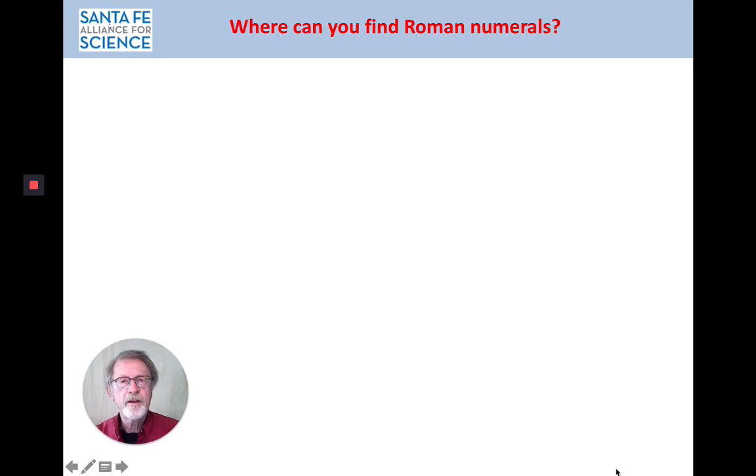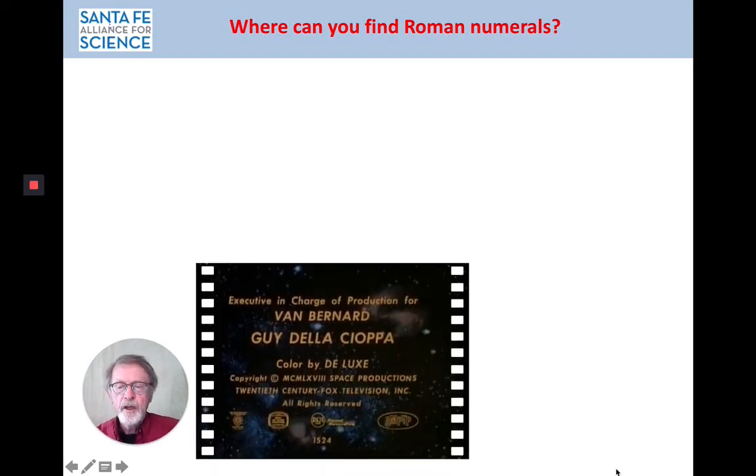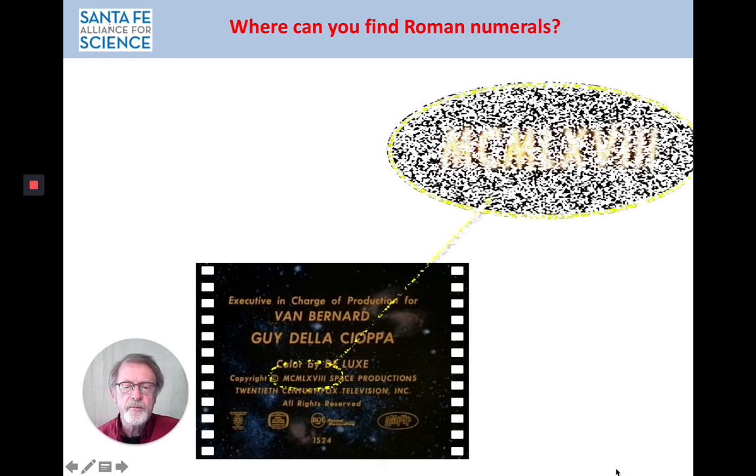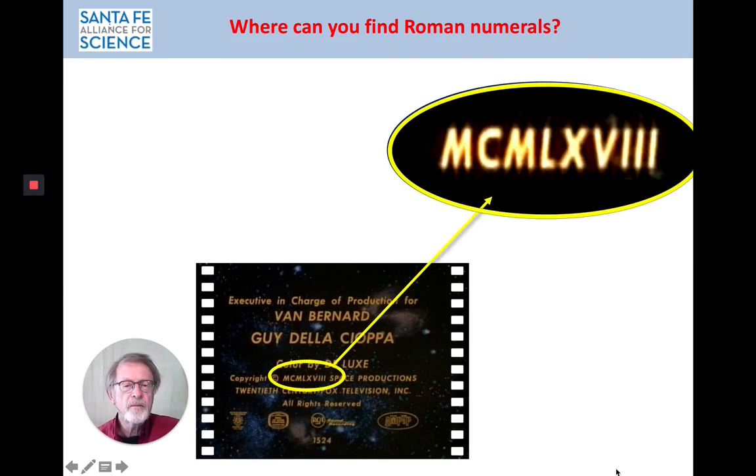So where can you find Roman numerals in our modern world? Well, here's one. At the end of every movie, where the credits roll and the names of all the people that have worked on a movie are listed, the year in which the movie is made is written in Roman numerals. Look at this one. MCMLXVIII. What year is that? Well, M is 1,000. Then there is another M with a C in front of it, so it's another 1,000 minus 100.